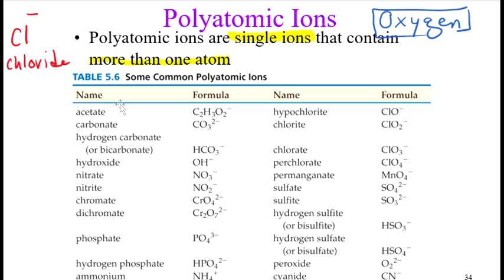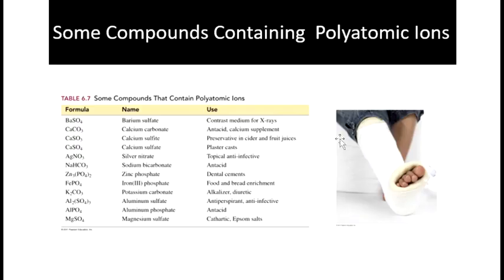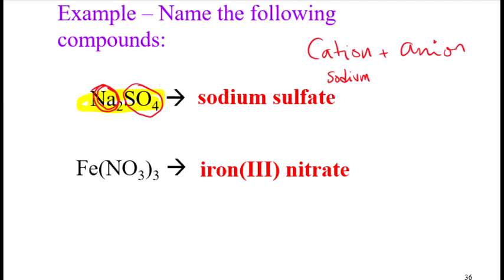Look at the SO4. Find SO4 here. Sulfate. So we call that sodium sulfate. So always cation, anion. For the polyatomic anion, we need to memorize that.